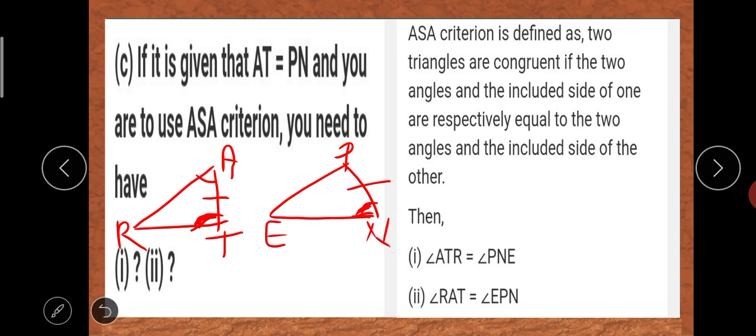RAT means here one angle is formed, and the second is equal to EPN. So what do we find here? One angle, this one is a side, and this one is again an angle. So which criteria are we using here? Angle, side, angle.